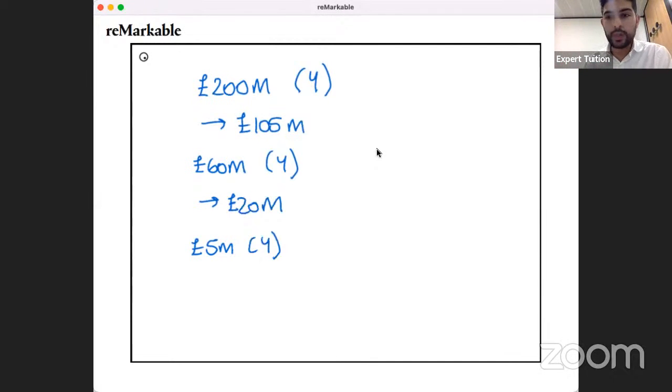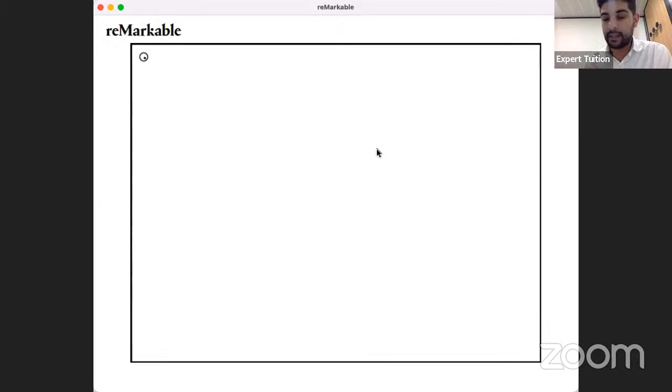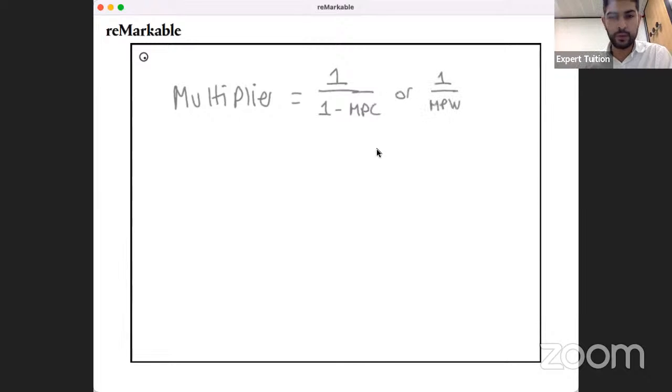Now, you also need to know how to calculate it mathematically. The rule for the multiplier is as follows: multiplier is equal to 1 over 1 minus MPC, I will discuss what that is in a second, or 1 over MPW. First and foremost, the MPC is the marginal propensity to consume.